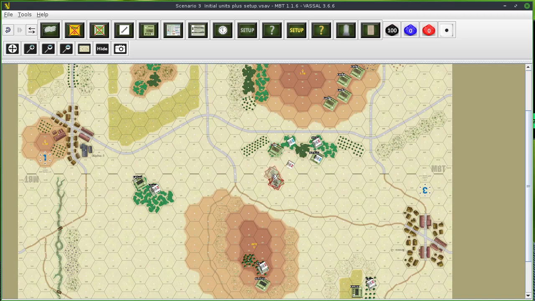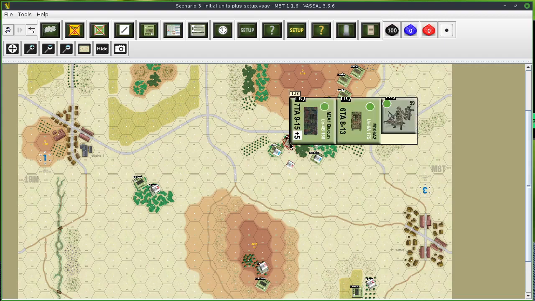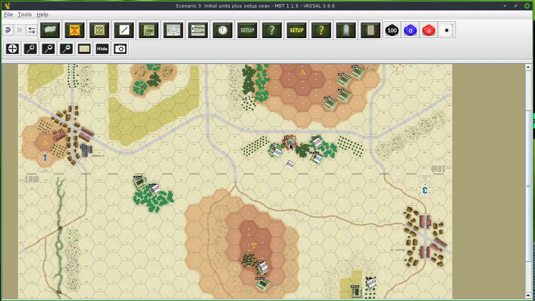And then I'm going to move those other units forward. Okay, I'll move them there. And so I'll have to reorient these because they're going to be covering the approaches. Change their orientation.